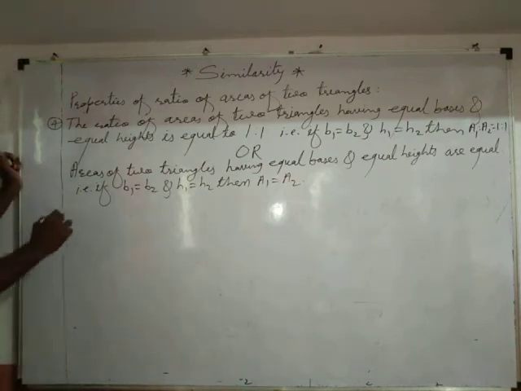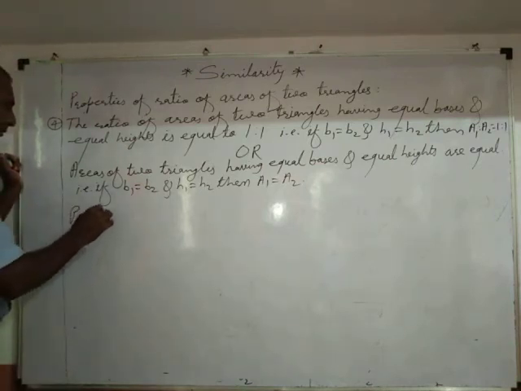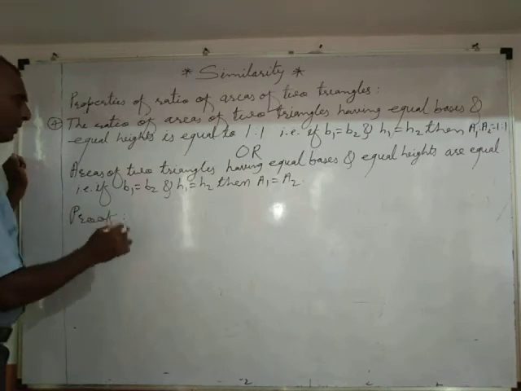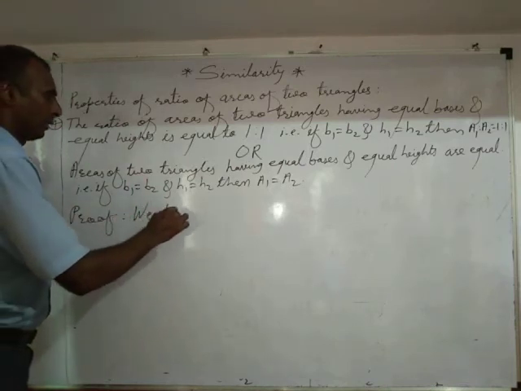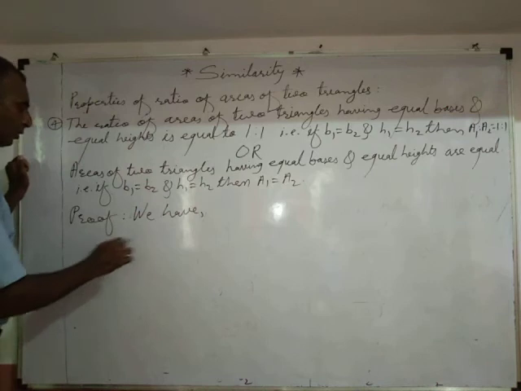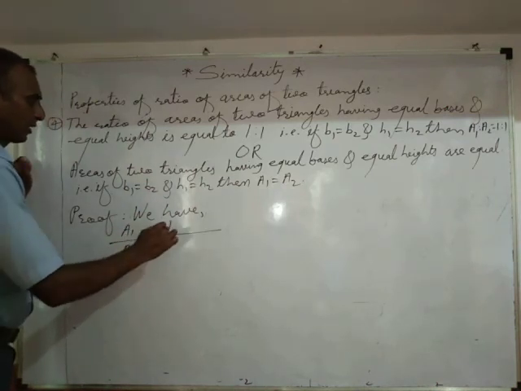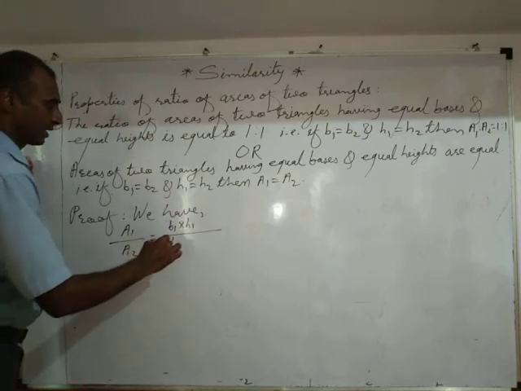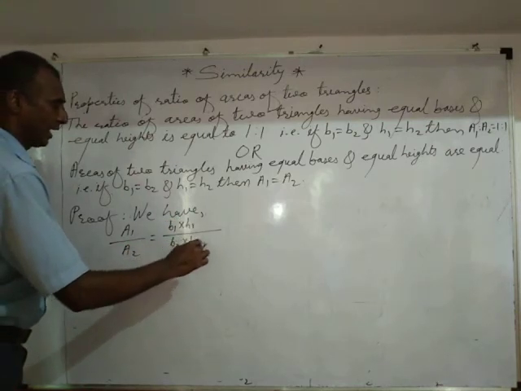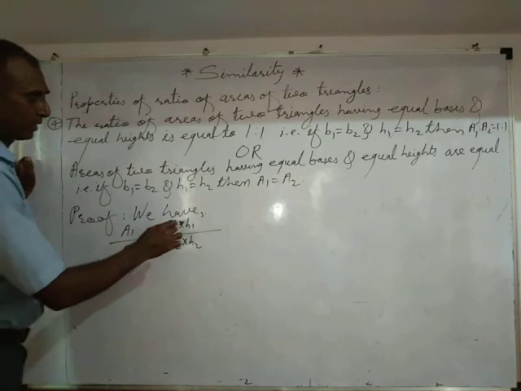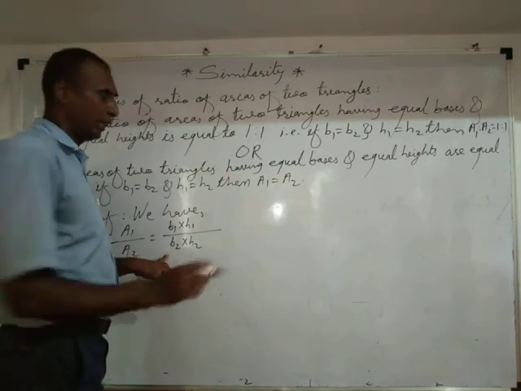Let's prove this. Proof. In a proof we may mention, what have we? We have a ratio of areas of two triangles is equal to a ratio of the products of their bases and corresponding heights. Meaning A1/A2 equals B1 into H1/B2 into H2.